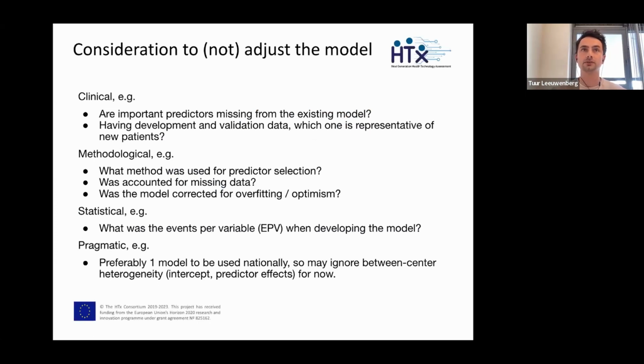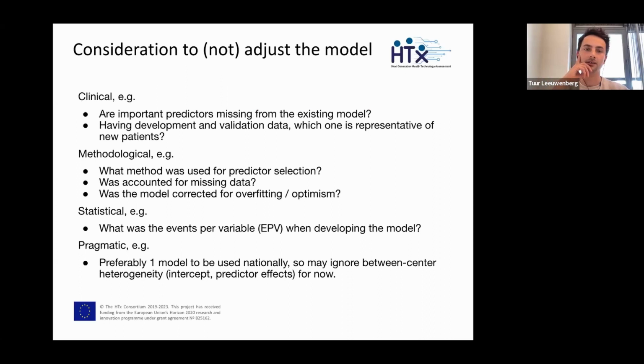And what could be considerations when you want to update the model? It might be what I just mentioned, the second point on this bullet, that there's a new setting. So you have a bit more data from the new setting, which is a bit more representative of your population, and you want to update the model with this new data.